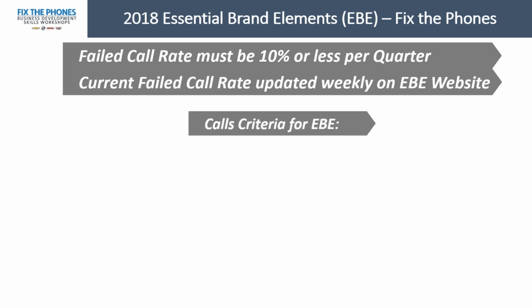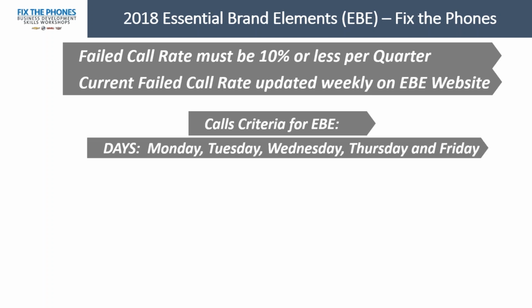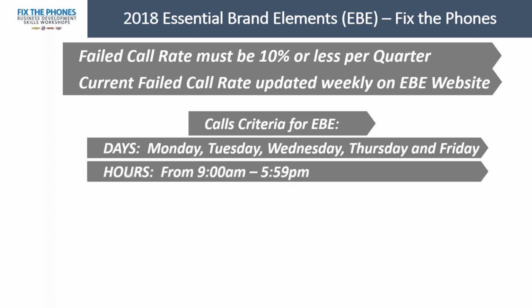So here are the call criteria for Essential Brand Elements. The only calls that will count will be on Monday, Tuesday, Wednesday, Thursday, and Friday. The hours will be from 9 a.m. to 5:59 p.m. If you're wondering why that unique 5:59, the way the dashboard is set up, when you select 9 a.m., that counts for calls from 9 a.m. to 9:59 a.m. and so on.